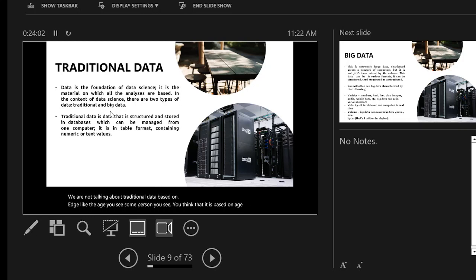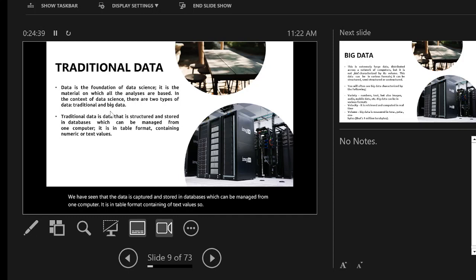We are talking about traditional based on the structure. Traditional data is structured and stored in databases which can be managed from one computer. It is in table format containing numeric or text values.